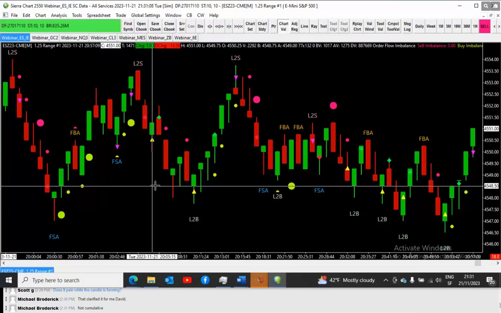Does it paint while the candle is forming? I guess you mean paint. Yes. I mean, the dots, you may find that some of these signals appear and disappear. For example, as a bar is forming, you may get an imbalance at a certain point, and then that imbalance may disappear.